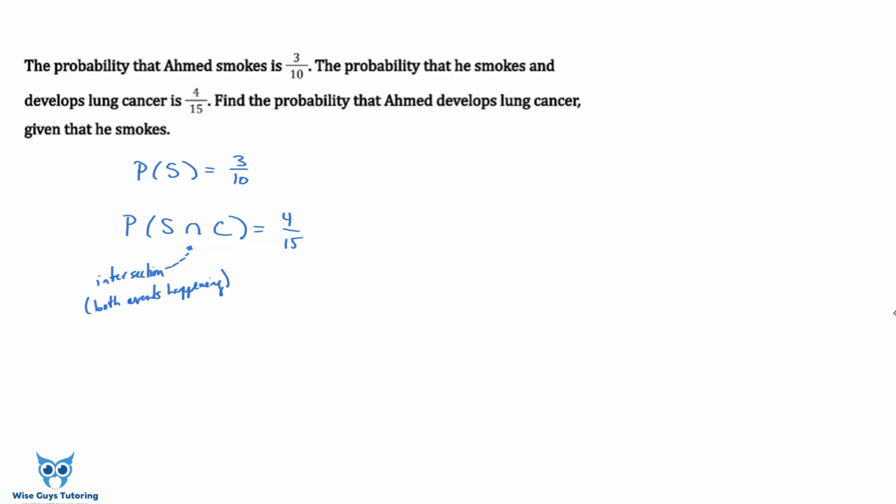Now this is a very particular word when we are talking about probabilities: given that he smokes. So in this case, we know that he smokes. It's for sure that he smokes. So what's the probability that he will get lung cancer? This is how it works. Conditional probability looks like this: probability of A given B. Okay, I'll write that so you guys can get used to it.